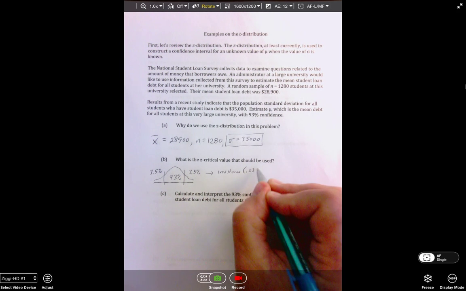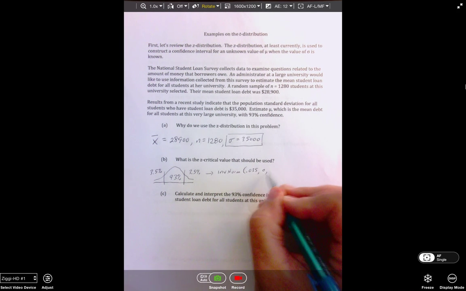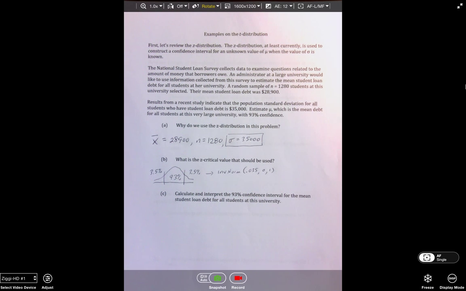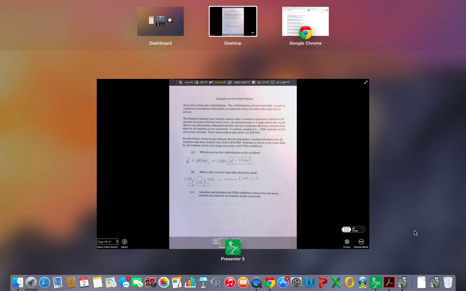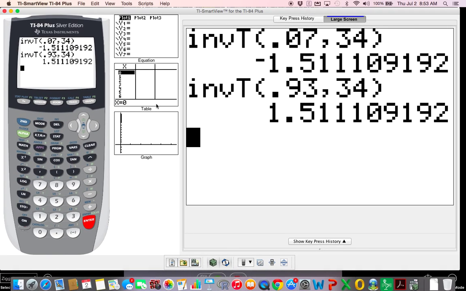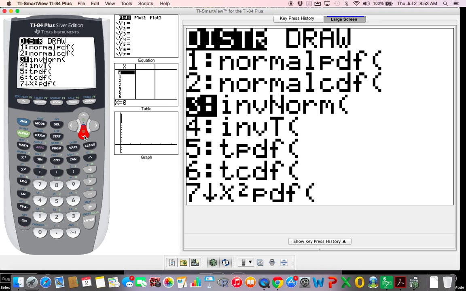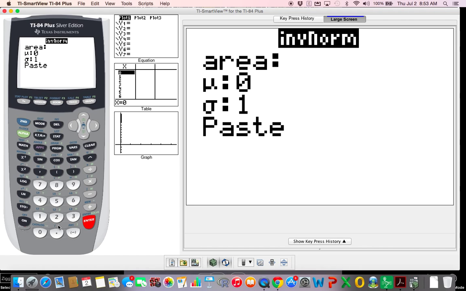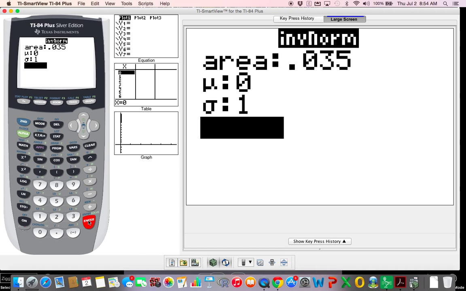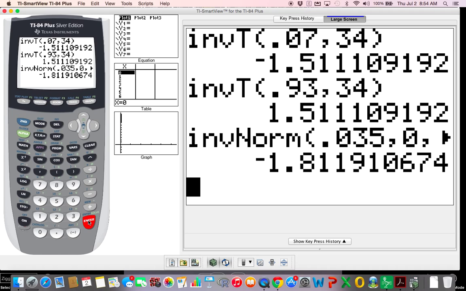I want this as a decimal. And because I'm using the z, I'll use 0 and 1. All right? And I'm going to pop over here and get my calculator. I'm going to use inverse norm. So I need 0.035, mean 0, standard deviation 1. Paste that sucker, hit enter, negative 1.812.